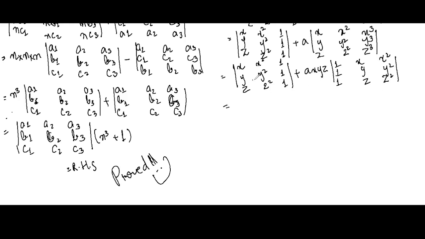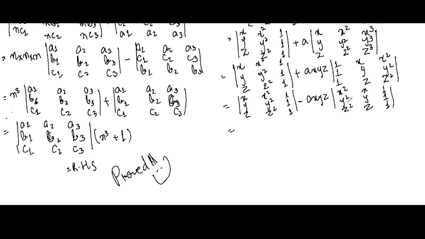Now as we can see, we have to make these two similar. So 1 is in the last column, so we have to bring it to the end. So it is going to be x, y, z, x square, y square, z square, 1, 1, 1. And then we have to change the two columns, so we are going to write a negative sign over here: x, y, z, and then x square, y square, z square, x, y, z, and 1, 1, and 1.